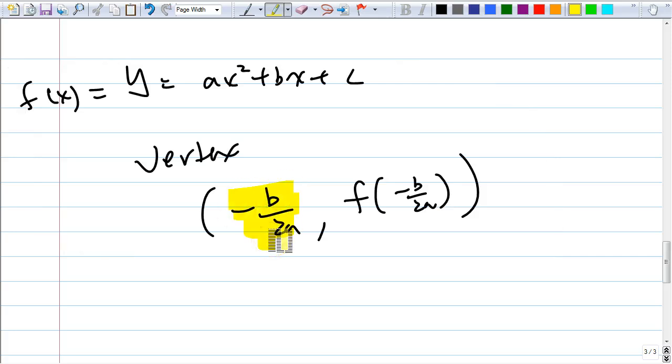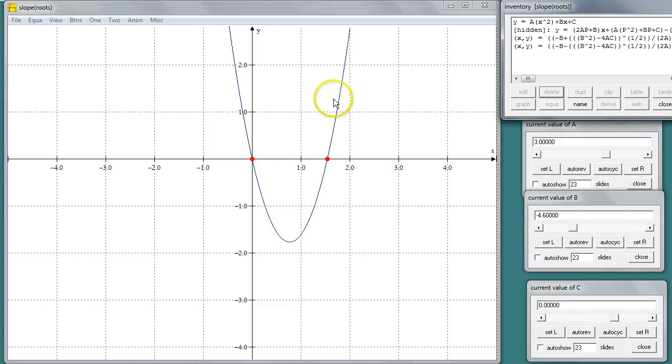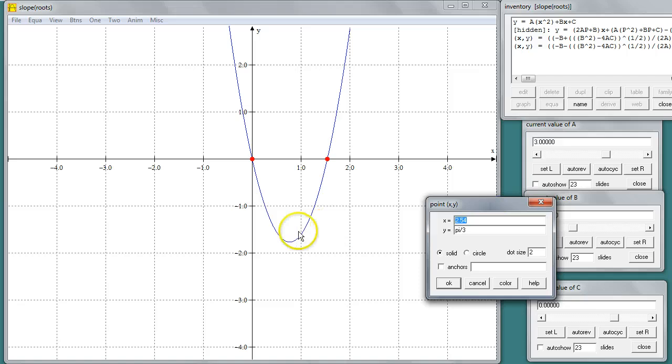Good. So let's see whether we got the right vertex. What I'm going to do then is plot that vertex. Let's plot a point. There it is. We know that the x-coordinate of the vertex, we just talked about this, would be negative b over, I'm going to put this in parentheses, 2a, and my y is going to be f of that value.